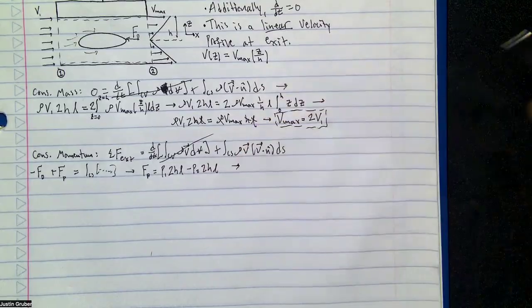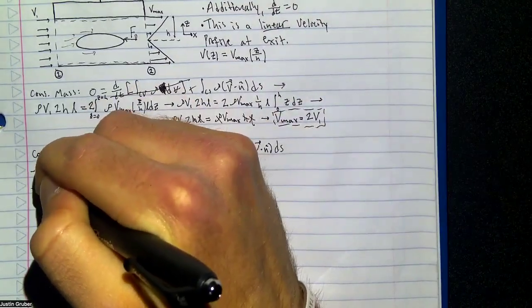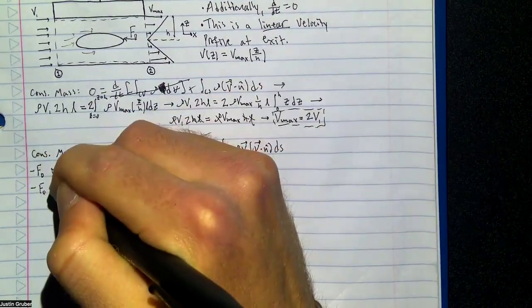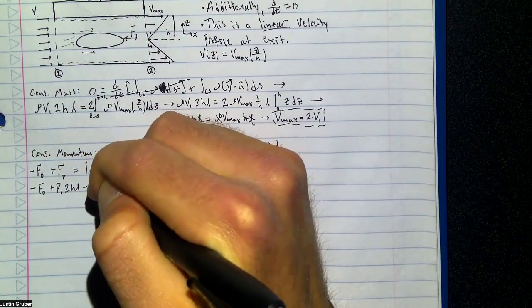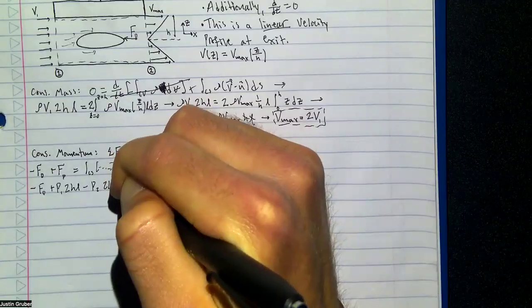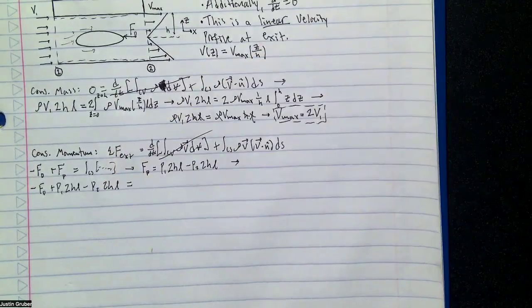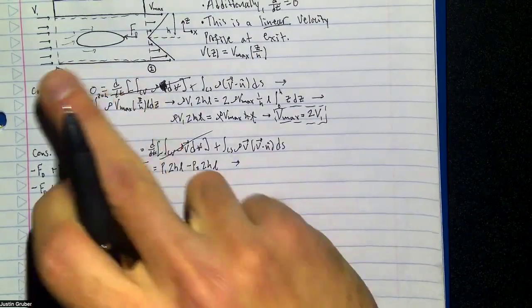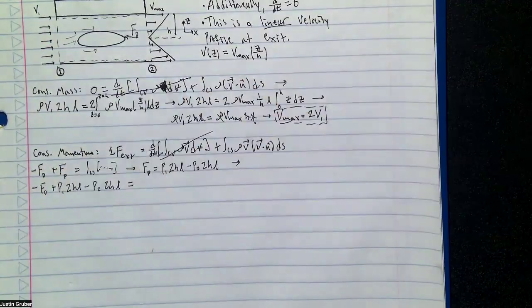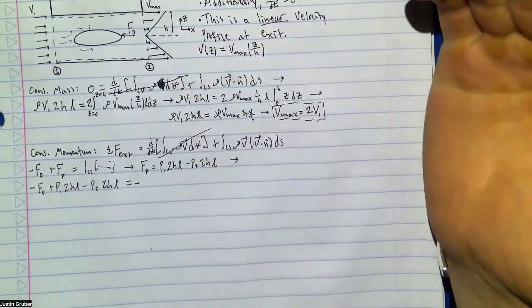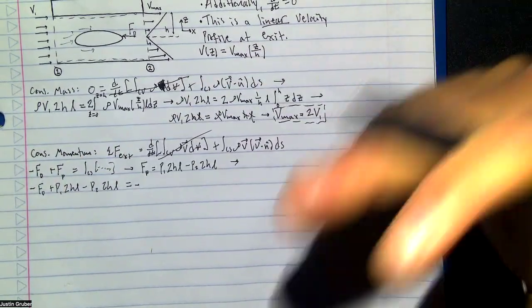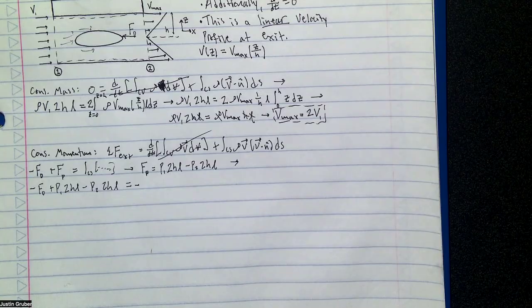So let's plug those in. We have negative FD plus P1 2HL minus P2 2HL equals, all right, the first momentum flux term from the inlet, that's pretty easy. It's negative because it's an inlet, the dot n vector is negative.